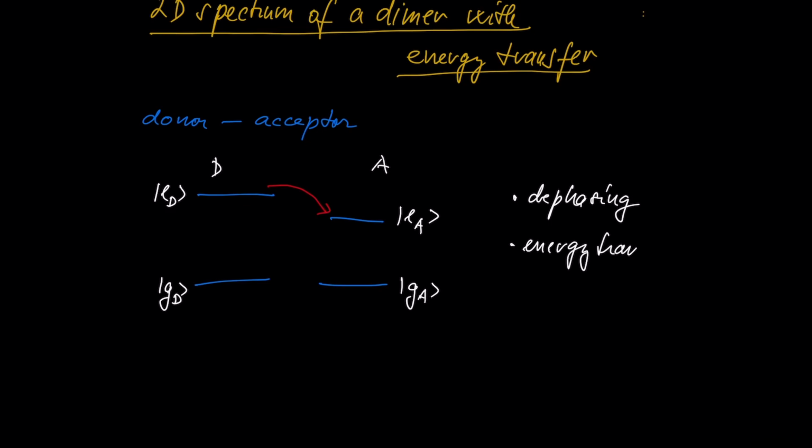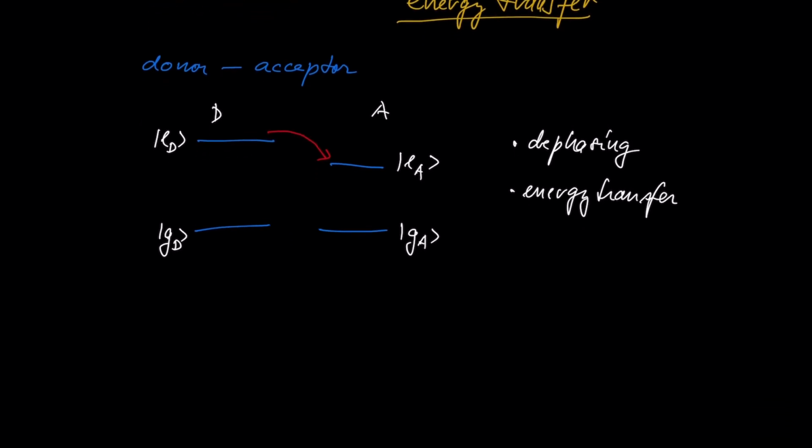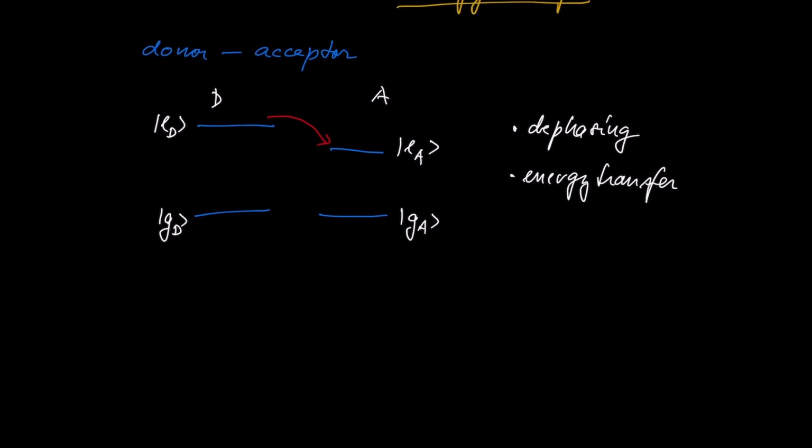But we will not see other effects that one could expect in such a donor-acceptor system, for instance, level repulsion and some sort of emergence of delocalized states. That is not going to happen here, although as always, we can assume this donor-acceptor system as one system and look at its collective states.